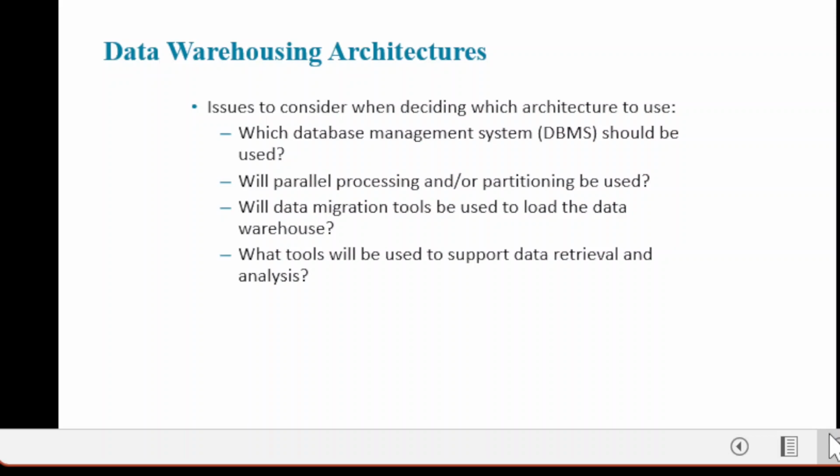What sort of database management systems do you want to use? Whether you want to do parallel processing or partitioning, and what kind of data migration tools you will use in extract, transform, and loading to the data warehouse, and what tools will you use to support data retrievals and analysis of your data.